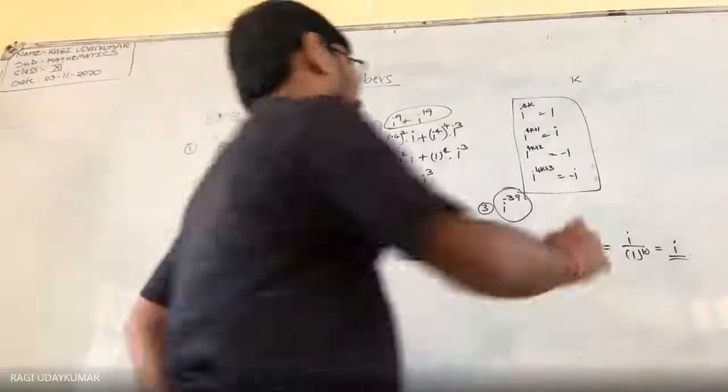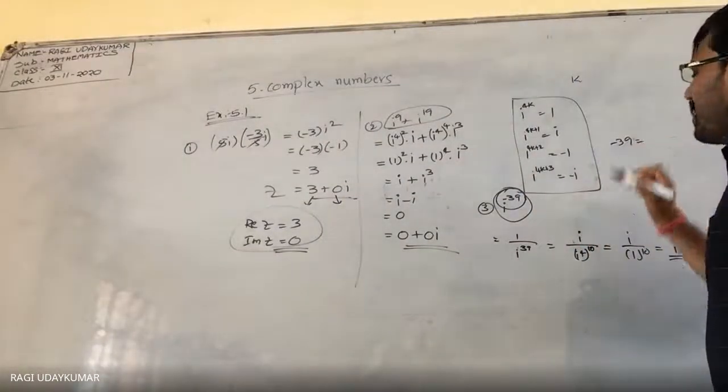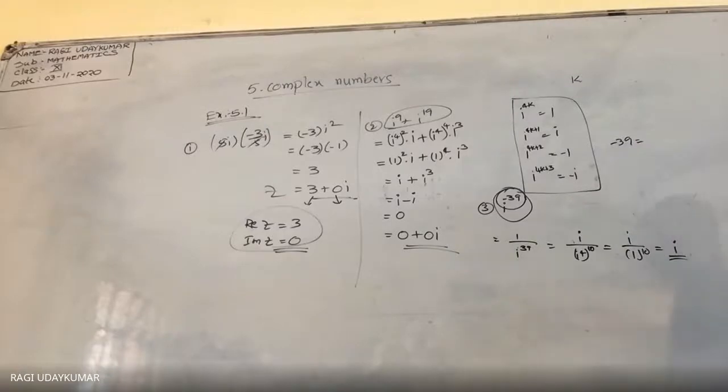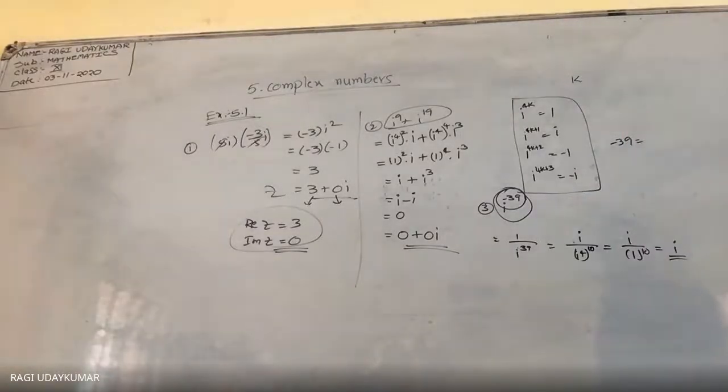So what I am saying means, another way is minus 39 can be written as multiple of 4 plus 1. We can write that in the form of multiple of 4. Multiple of 4 is nothing but 4 into minus 10 plus 1.